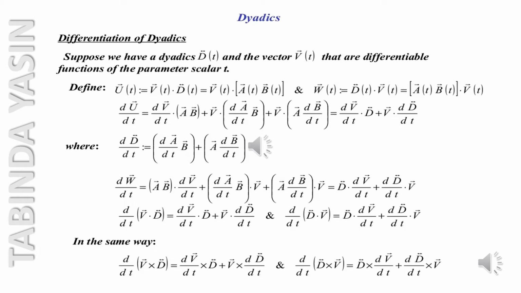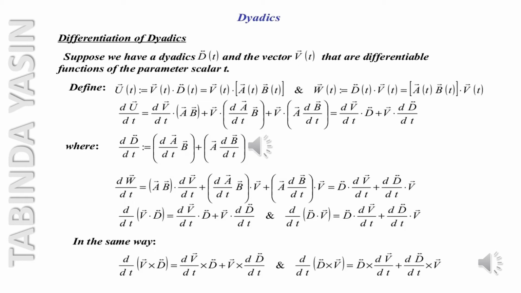Now the differentiation of dyadics. Suppose we have a dyadic D(t) and a vector V(t) that are differentiable functions of the scalar parameter t. Define the vector U(t) as V(t) dot D(t), where D is A(t)B(t), and W(t) as D(t) dot V(t), which is A(t)B(t) dot V(t).